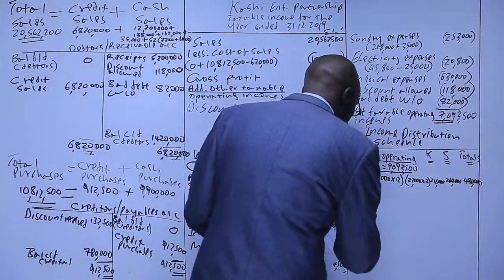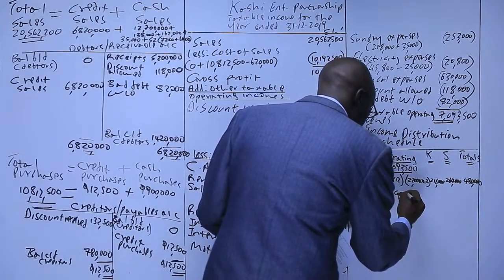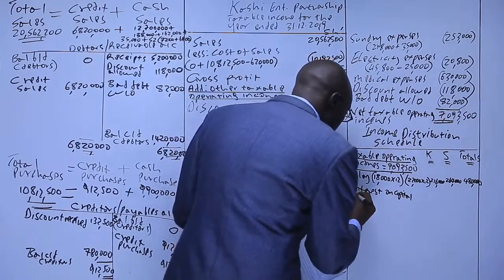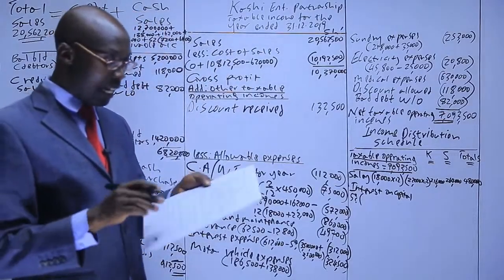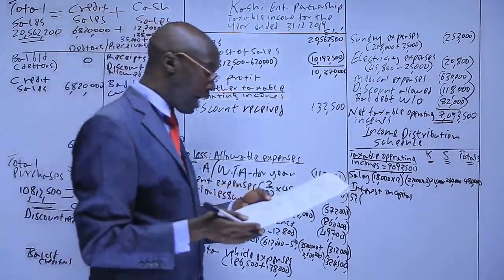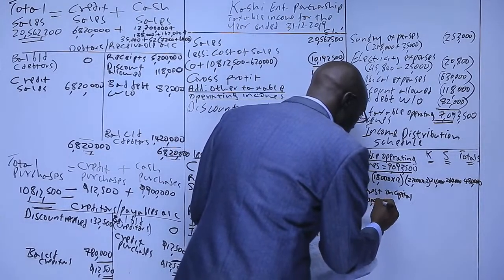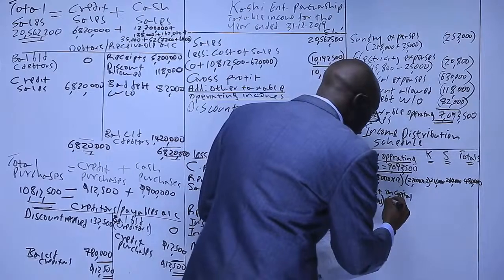So interest on capital, which is supposed to be 5%. 5% of the capital. How much is the capital? In the bank statement, we have capital of 35, and also the other one is 25 for each.